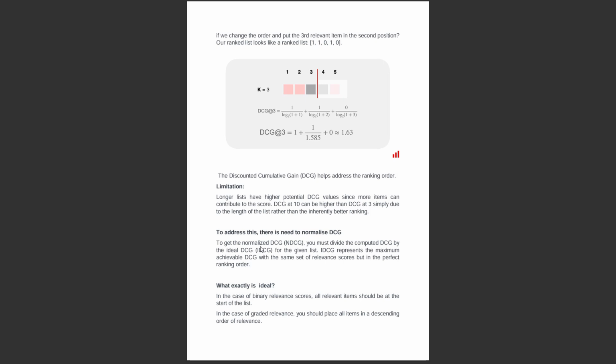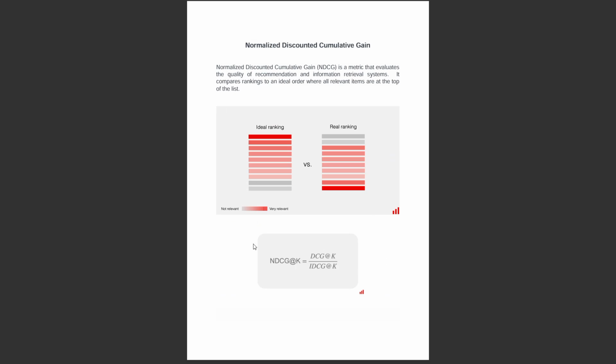You are able to see here NDCG, normalized discounted cumulative gain. You must divide the computed discounted cumulative gain by the ideal discounted cumulative gain for the given list, as you have already seen here. So this is the formula: NDCG at K equals DCG at K divided by IDCG at K.